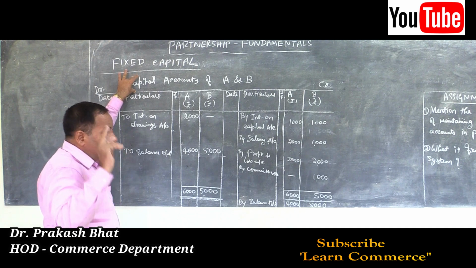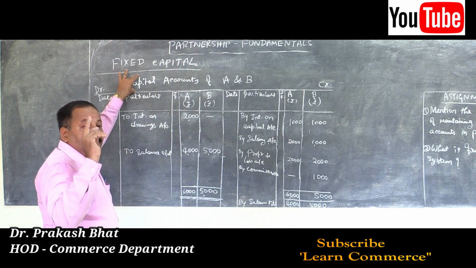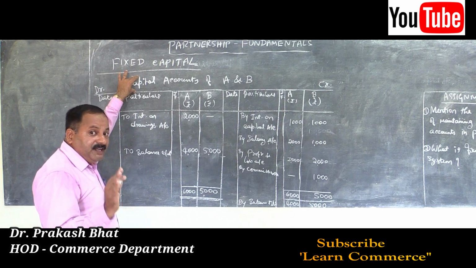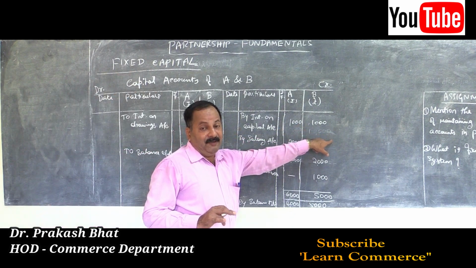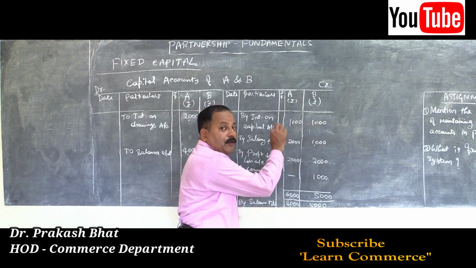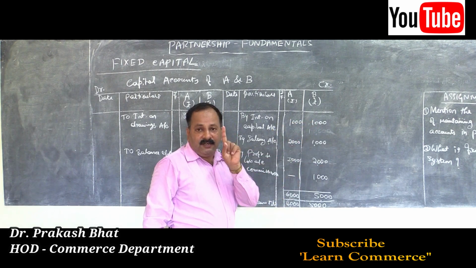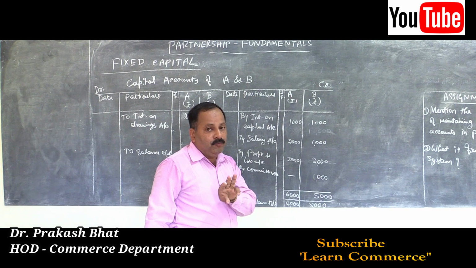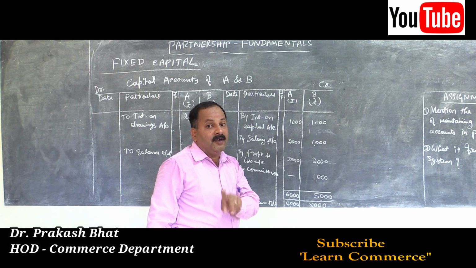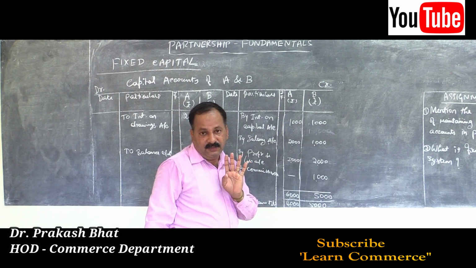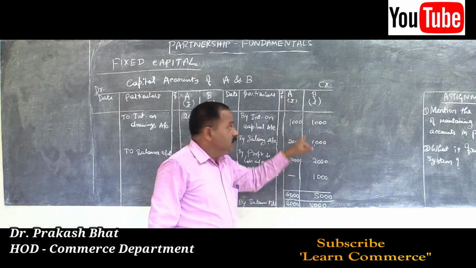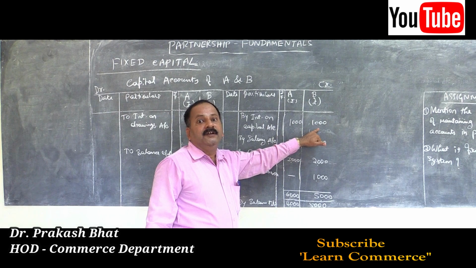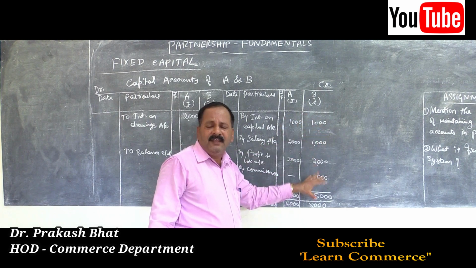Remember friends, whenever they tell you to prepare with imaginary figures, then you must write the figures. Some students have the habit of writing XXX instead of figures. Remember that the valuer may award 2 marks out of 5, or they may award 0 also. They can award 0 because it is wrong, because the question is very clear. Prepare imaginary figures. So write any figure for that matter, any imaginary figure.